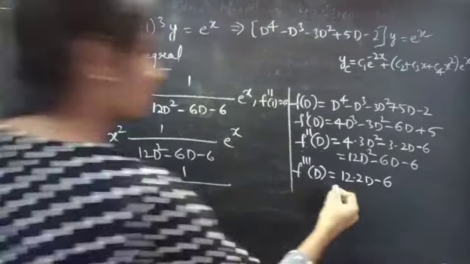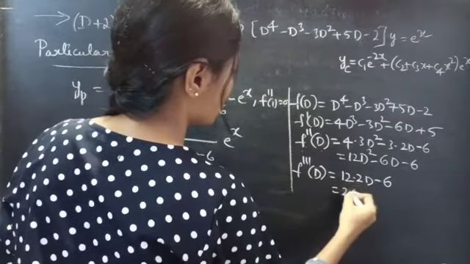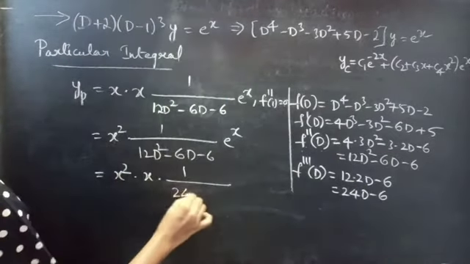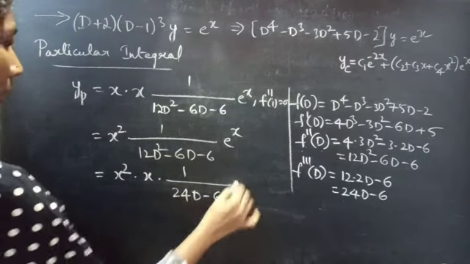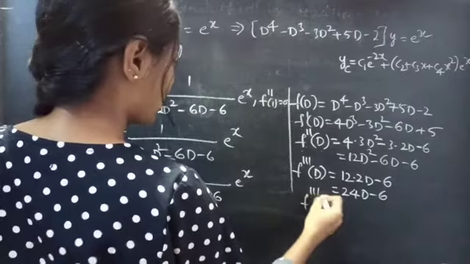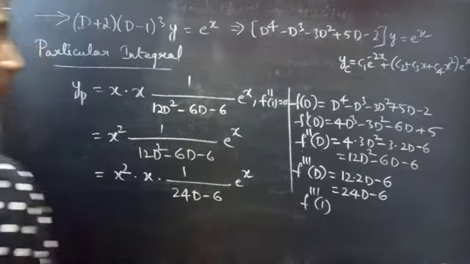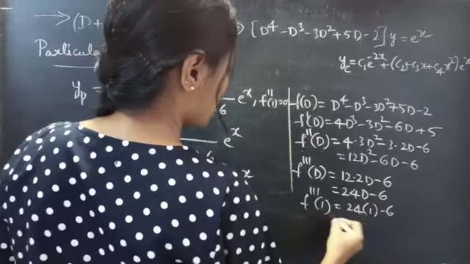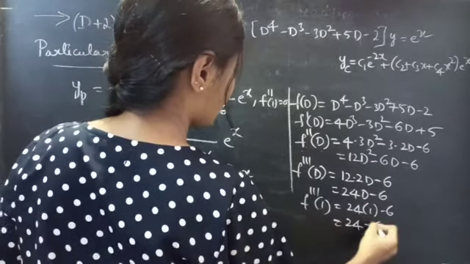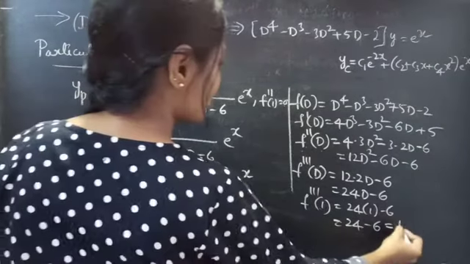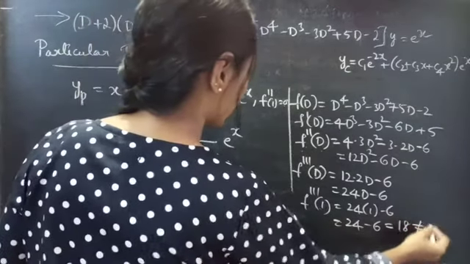Which equals 12 into 2, that is 24D minus 6, into e power x. Now we need to find f triple dash of 1 equals 24 into 1 minus 6, which equals 24 minus 6. 24 minus 6 is 18, which is not equal to 0.